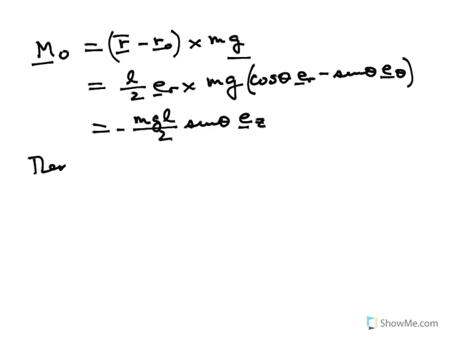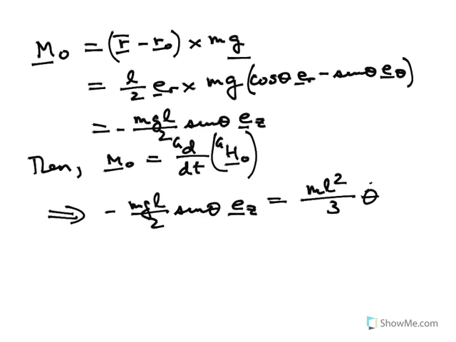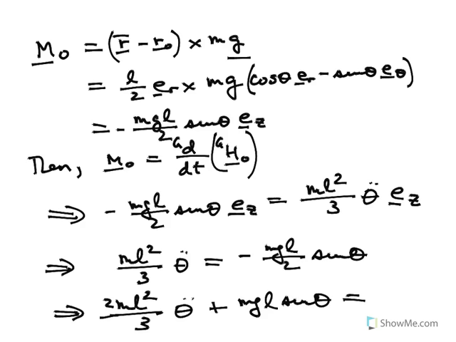Then MO is equal to the rate of change in the inertial frame of the angular momentum from Euler's second law, which says that minus mgL over 2 times the sine of theta times ez has to equal ml squared over 3 theta double dot ez, which gives ml squared over 3 theta double dot is equal to minus mgL over 2 sine theta, which can be rearranged to give ml squared over 3 theta double dot plus mgL over 2 times the sine of theta is equal to 0.